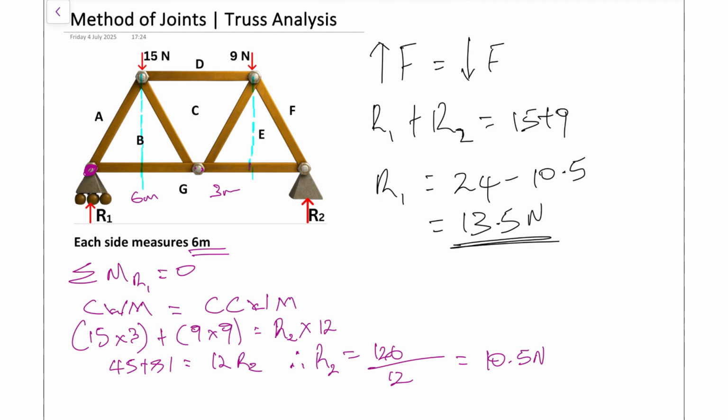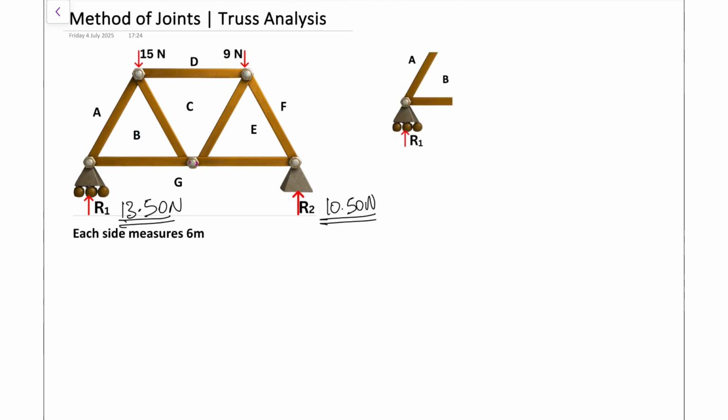I'm just going to fill these in, clear the space, and start the analysis. The first part of our analysis is to look at the forces acting at that bottom left joint. We could have used other joints. We could have started with the bottom right, but I've chosen to use bottom left.